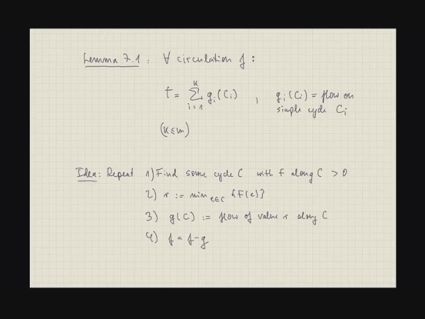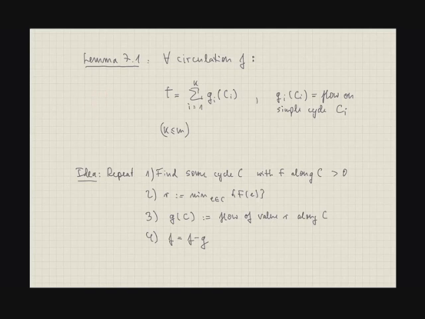So first of all, you repeat the following simple procedure. First of all, try to find a simple cycle with a positive flow value. How could I find such cycles? I don't have to give an algorithm here, but the existence is sufficient. Nevertheless, I just pick an edge with a non-zero flow.